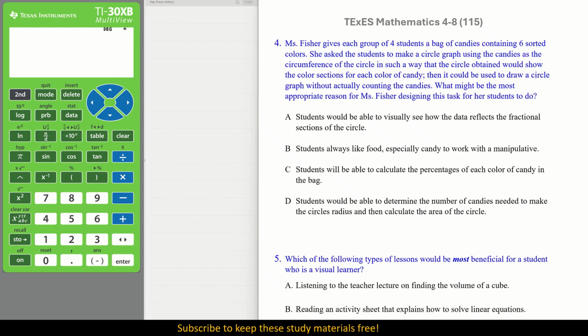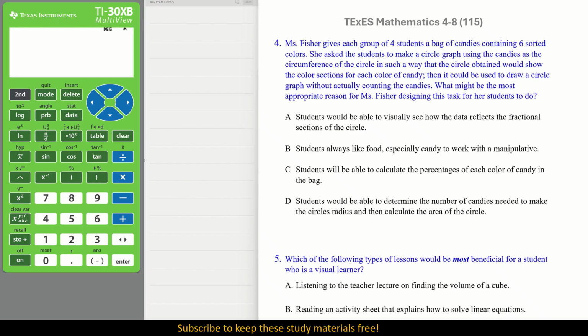Okay, that was a big mouthful, but if you want to know what that circle looked like, you can rewind the video. That was the image in the intro for this video. But let's read why would you do that? You have a graph with colors.